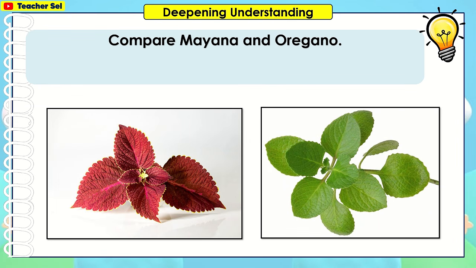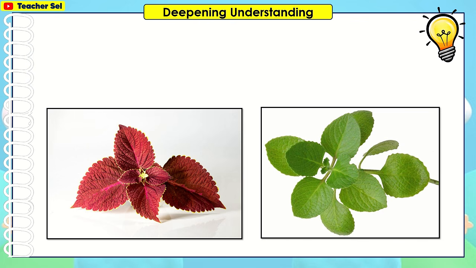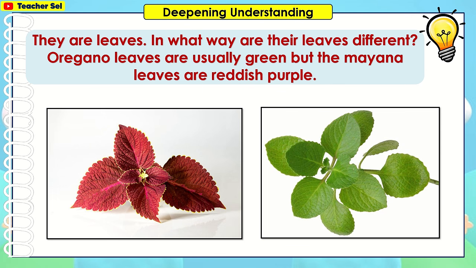Compare Mayana and Oregano. These 2 plants are the Mayana and the Oregano. What plant part do you see in the center? They are leaves. In what are their leaves different? Oregano leaves are usually green, but the Mayana leaves are reddish-purple.